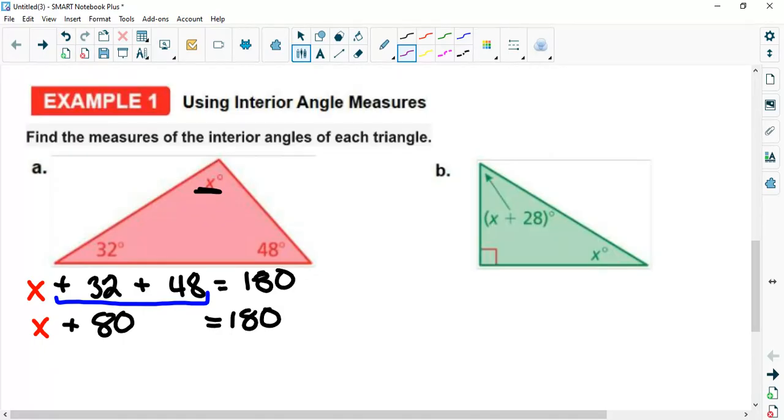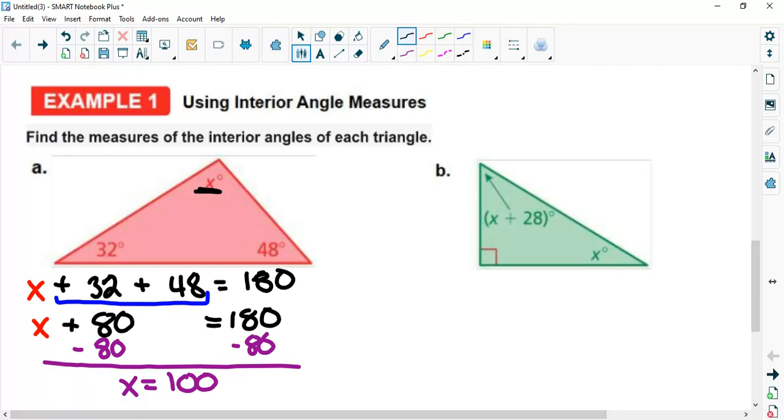So to continue to solve, I must use the inverse operation of subtraction and find that x equals 100. So the angles of this triangle are 32 degrees, 48 degrees, and 100 degrees.